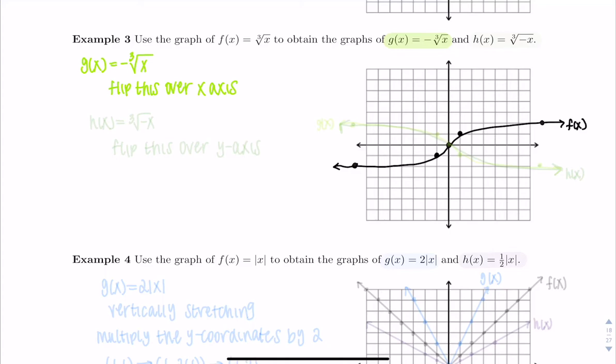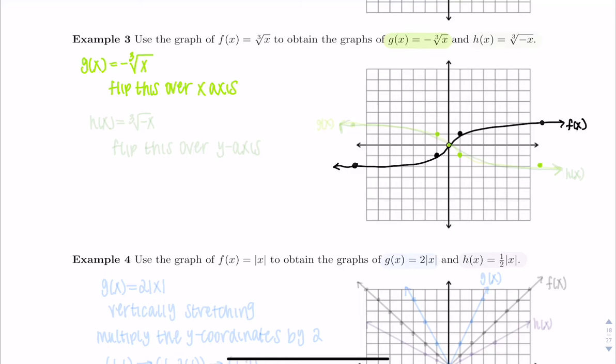So I had the point 1, 1, which now means I have the point 1, negative 1. 0, 0 will stay right where it's at. And negative 1, negative 1 now becomes negative 1, 1. Same idea goes for my 8, 2. I had 8, 2 to begin with, and now I have 8, negative 2.